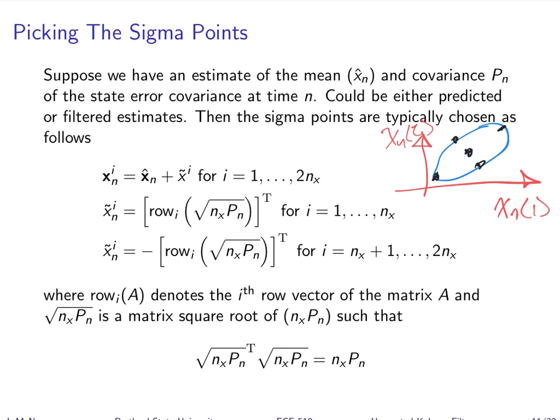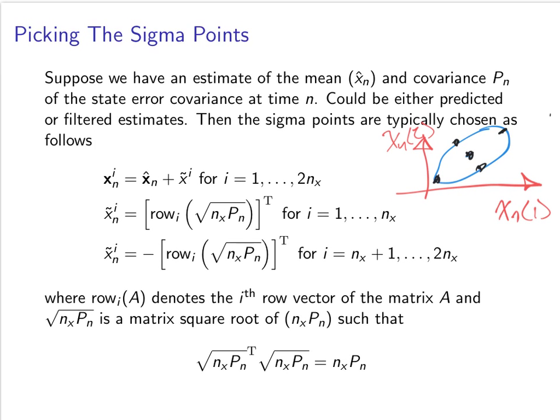And if you take the sample covariance of those 4 points, it would match exactly your state error covariance matrix. So, as a mental picture, I think that's a pretty good cartoon of what's going on and how it represents the mean and the covariance as a set of points. You guys with me okay?